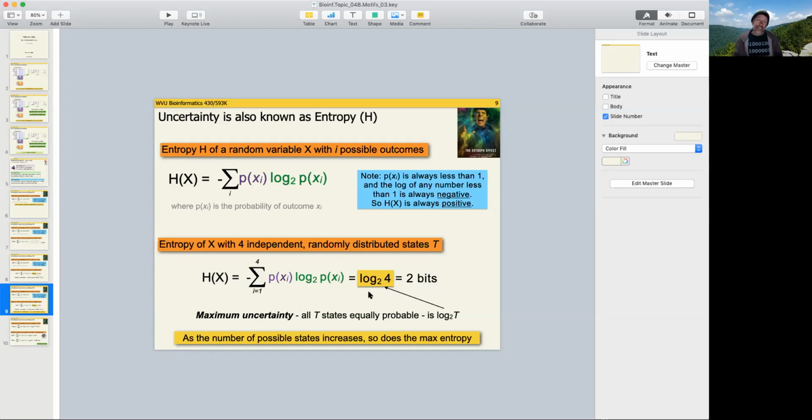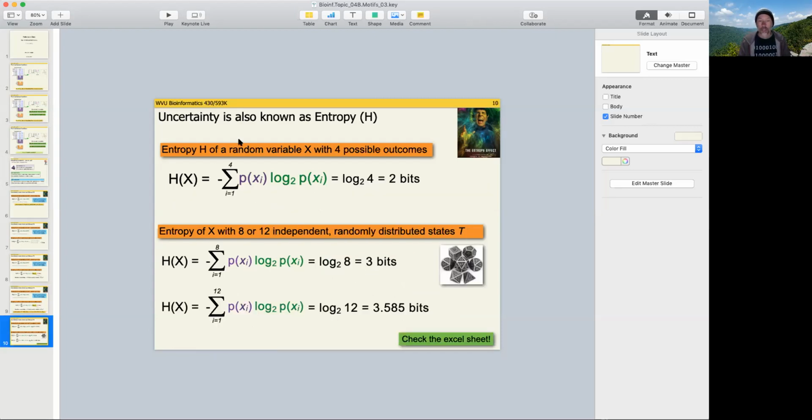Intuitively, this makes sense if you think about it from the die roll perspective. If you roll a 4-sided die, you have 4 choices to make. If you roll a 12-sided die, all of a sudden you have 12 choices to make. Mathematically, we can see this happen when we calculate H for each of these systems. Again, we're assuming every possibility is equally likely.